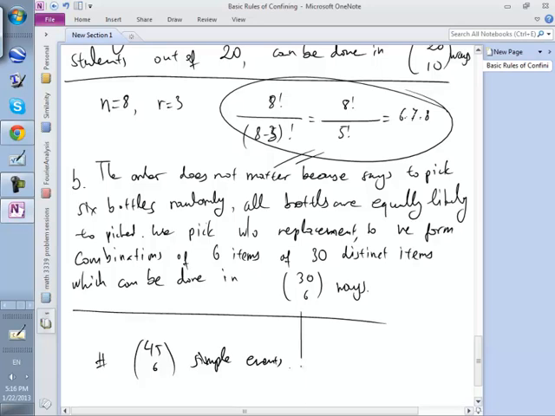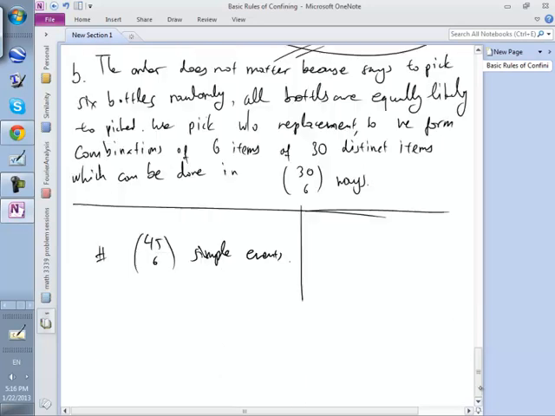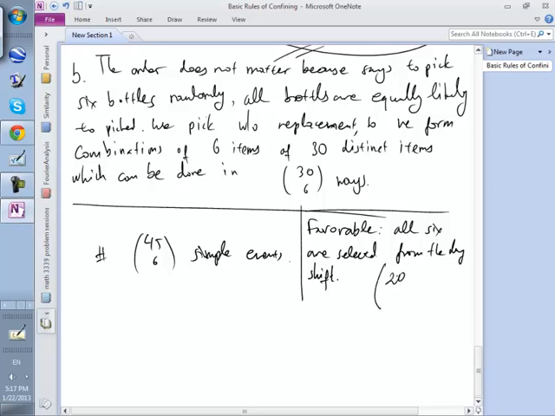Now, the favorable event is that all 6 workers are selected from the day shift. So what does that mean? It means how many ways can it be done? 20 workers are in the day shift, so it's 20 choose 6.